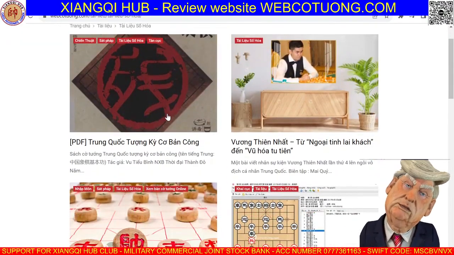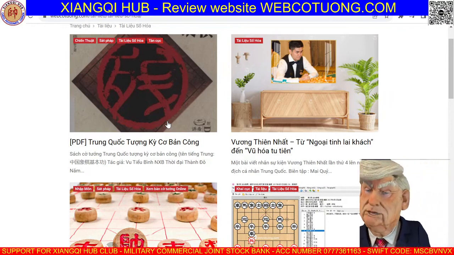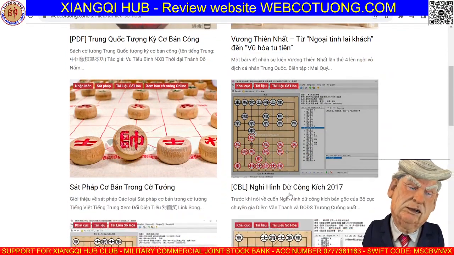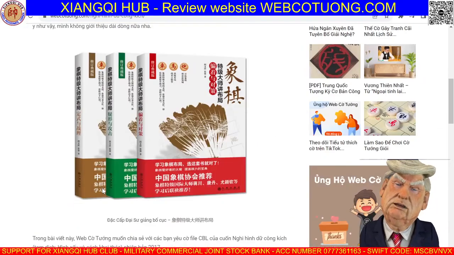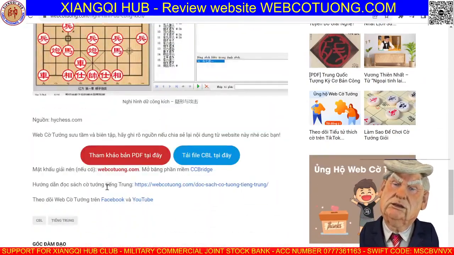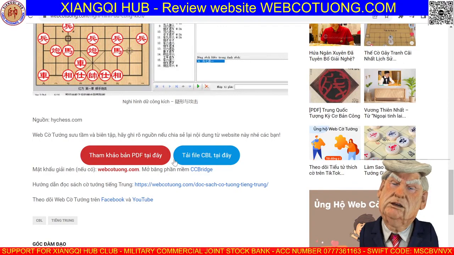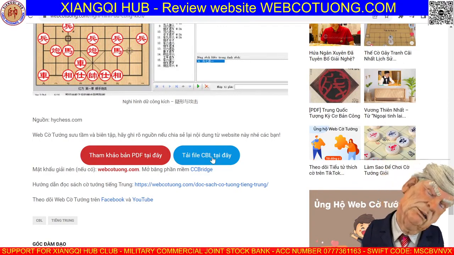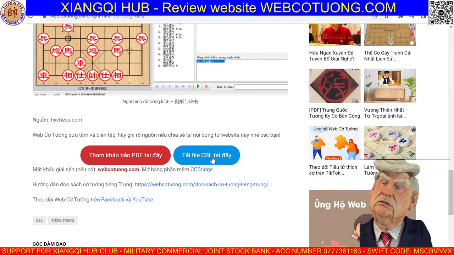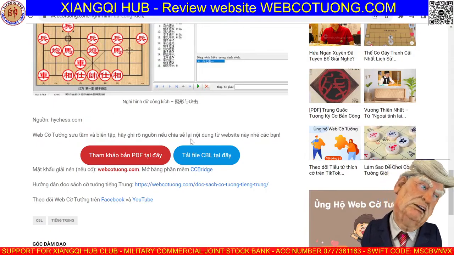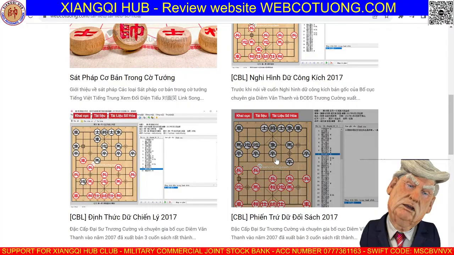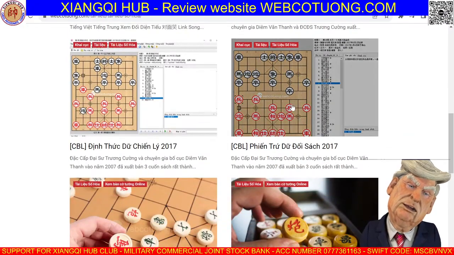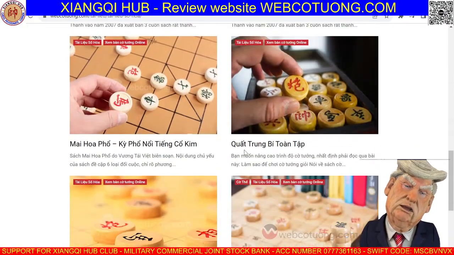In the 13 digital documents, they have some CBL files that we can understand. CBL and book in PDF, and the download link for the CBL file. To read a CBL file, we have CC Brick. Below here are some CBL files too.